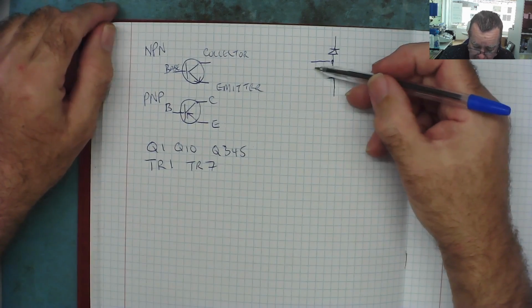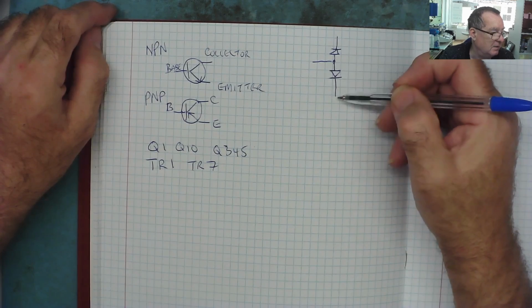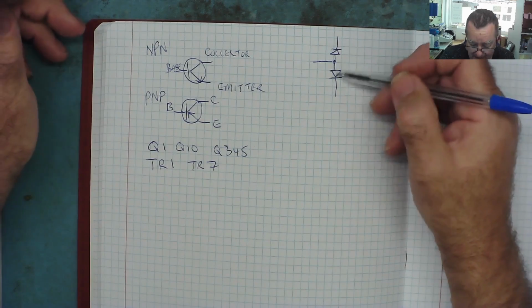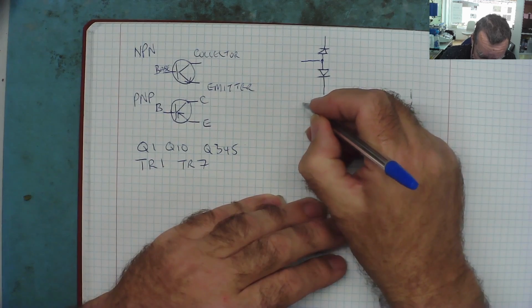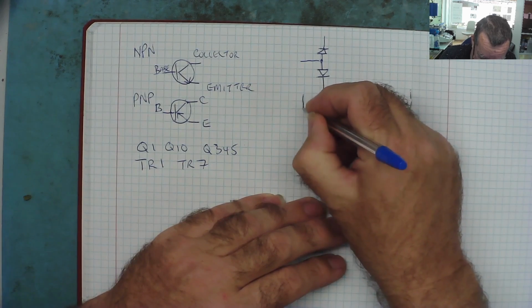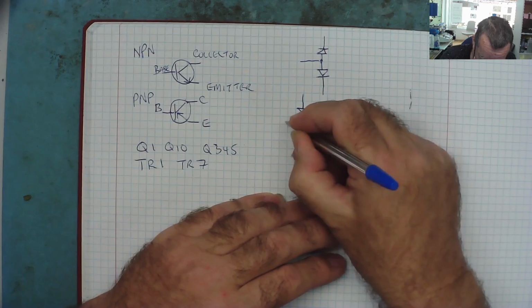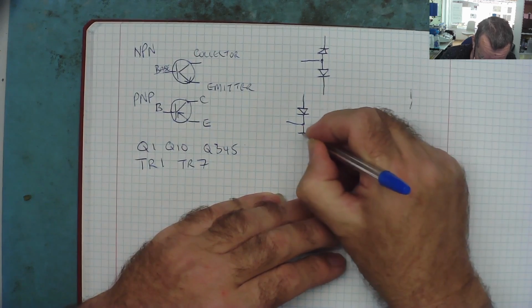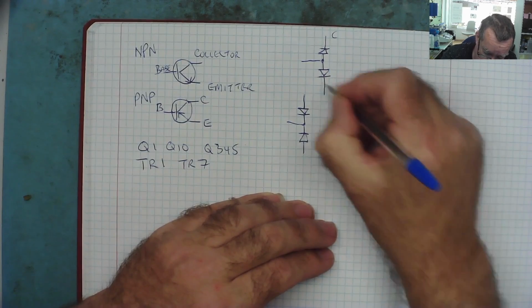So if we put the positive lead of our meter on the base, we will actually see effectively 2 diodes. And with a PNP transistor it's the same, but basically just the opposite way around. So with a PNP transistor it looks like 2 diodes like this. Okay, and this is your collector, this is your emitter, and this is your base.